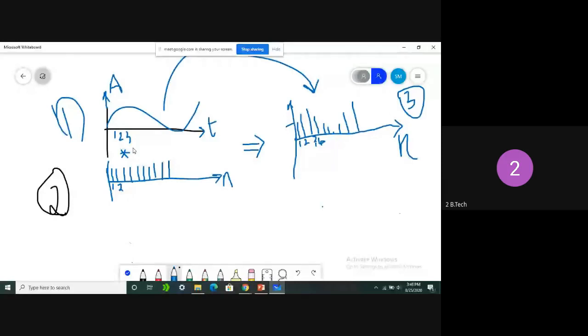Clear, all of you? Like that the third signal will be considered. Its samples are the 0th sample, 1st sample, 2nd sample, 3rd sample, 4th sample, and so on, up to infinite samples. Okay, clear, all of you?